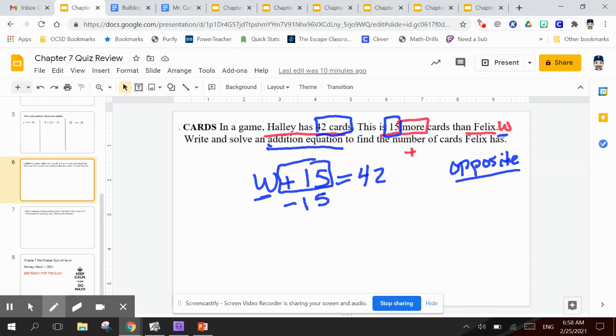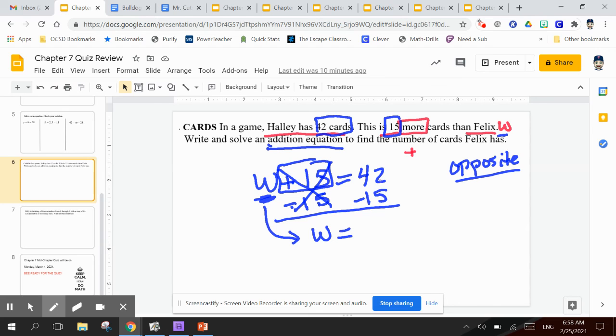Whatever I do to one side of my equal sign, I have to do to the other. So when I subtract 15 minus 15, that's 0. I cancel those two numbers out. I'm only left with my variable w, which will then equal 42 minus 15.